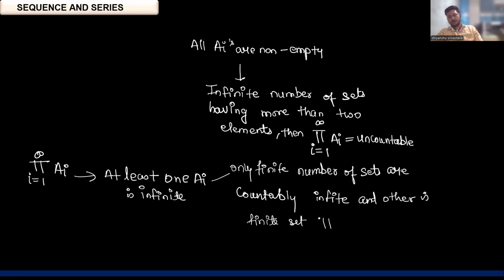It means that if you have the product from i equals 1 to infinity of Ai, it is countably infinite.